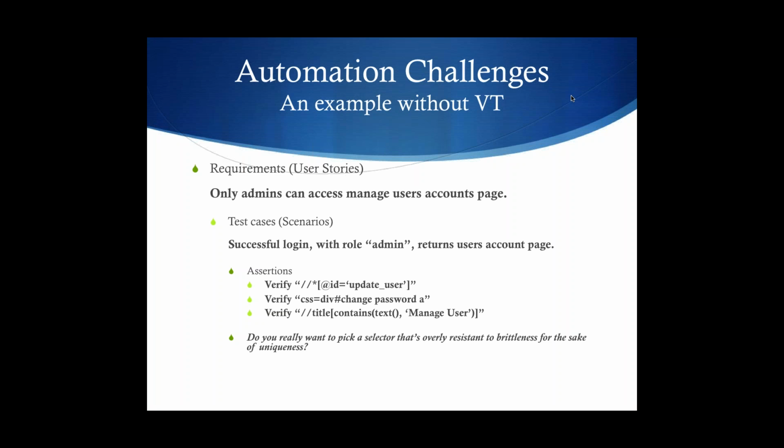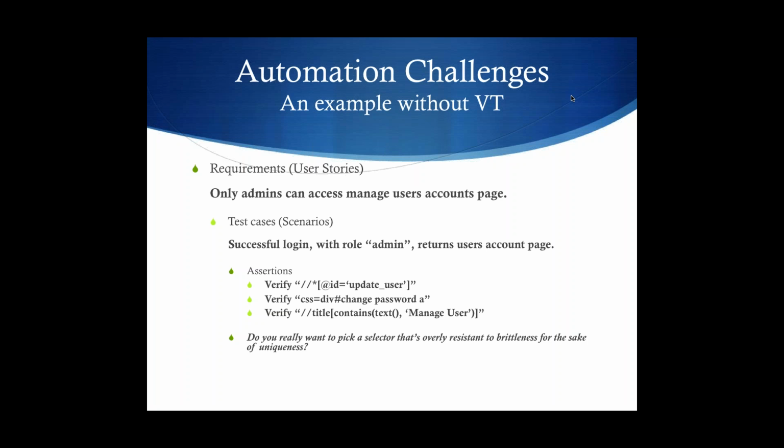Now, one of the things that's kind of controversial in the Selenium automation world is that people will say to pick a selector that's really, really unique. But there's a problem with that as well, right? When you really try to pick a selector in Selenium that's quite unique, it's only because you want your test case to scale where it doesn't break.